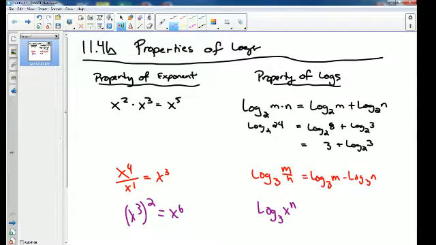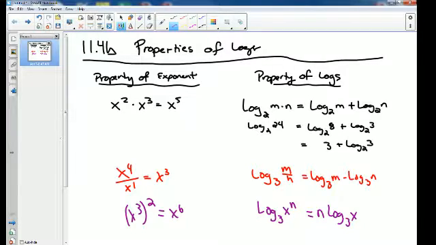What do you think we do with the exponent here? You're going to multiply up front. This is the one that kind of throws people off. If there is an exponent in here, you can actually move it out front and multiply.